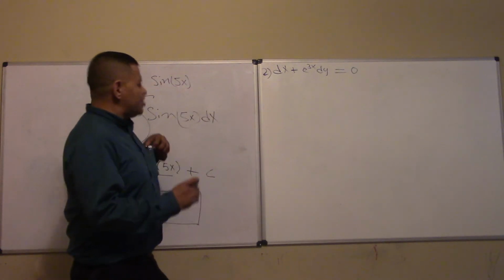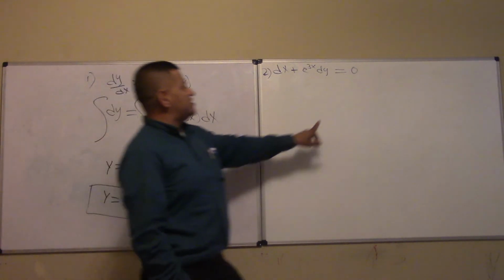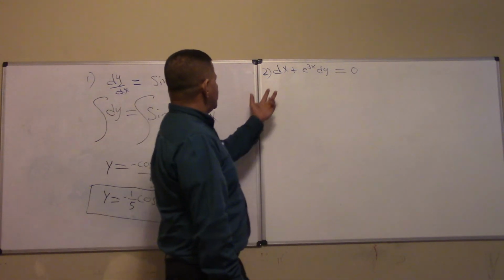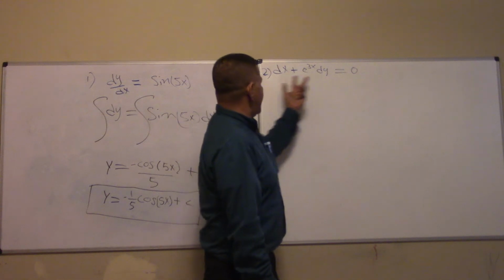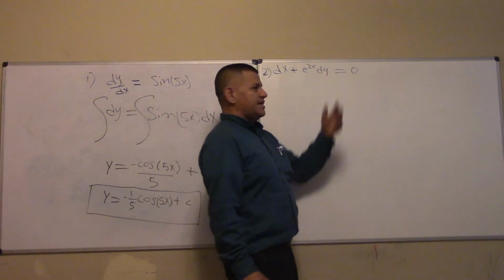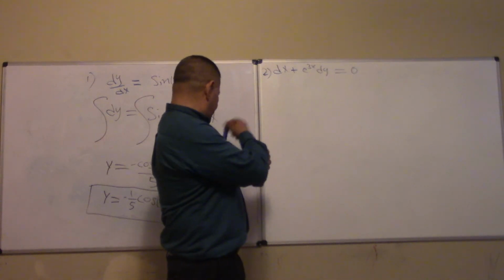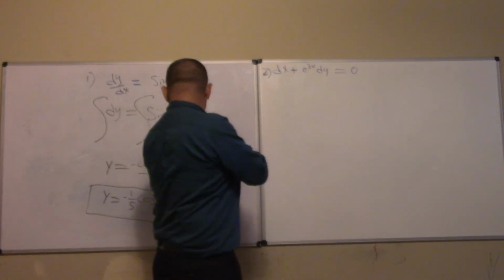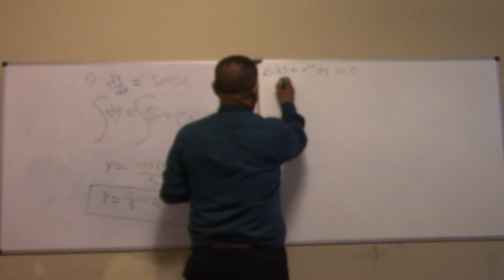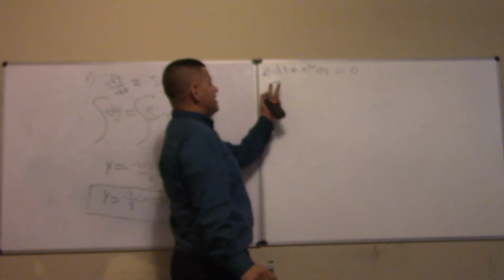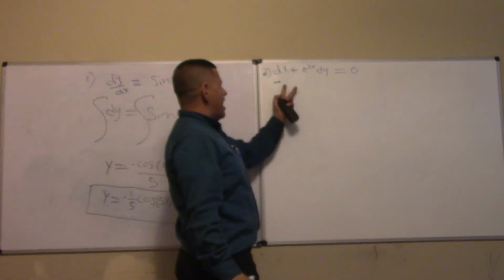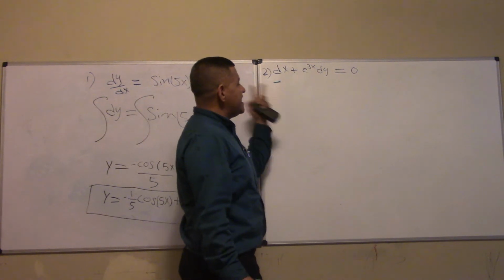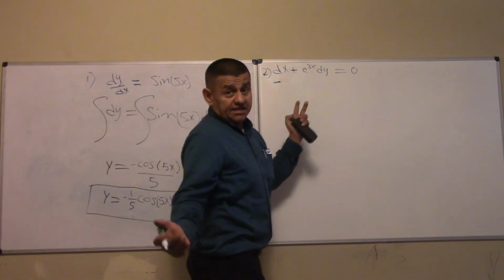And the reason why it's a little more challenging is because we have a 0 here, right? So my first goal is going to be to separate the variables. I always like to have my y on the left side and my x's on the right side.